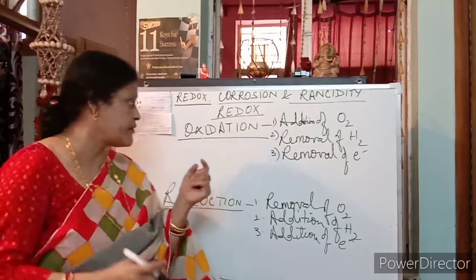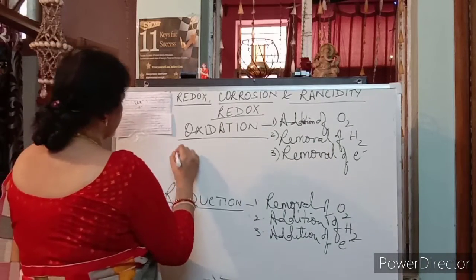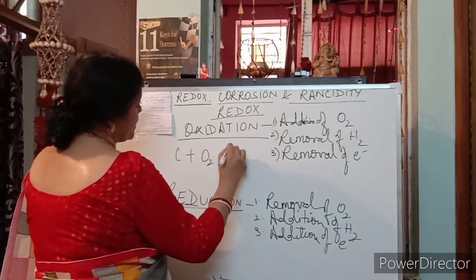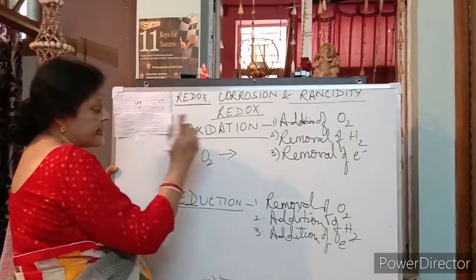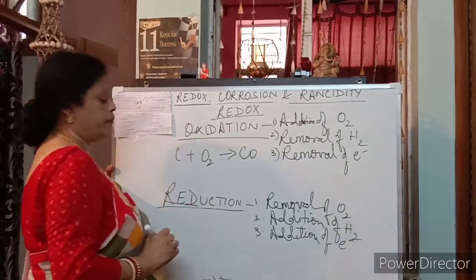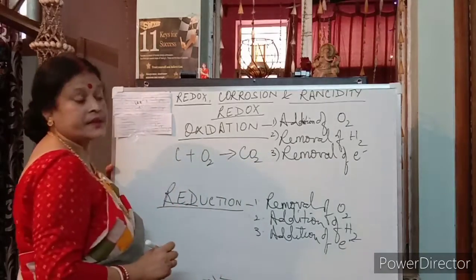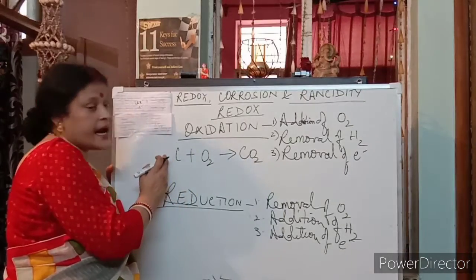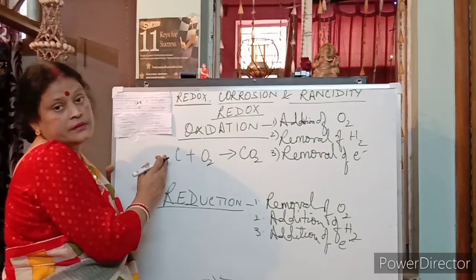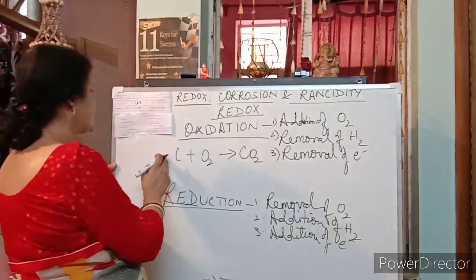Suppose, for example, if I say C plus O2, carbon, when reacts with oxygen, so oxygen is added to form CO2. That means this is oxidation reaction, when oxygen is added to the carbon. Clear, student? What is oxidation reaction?